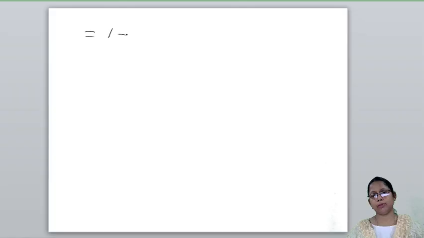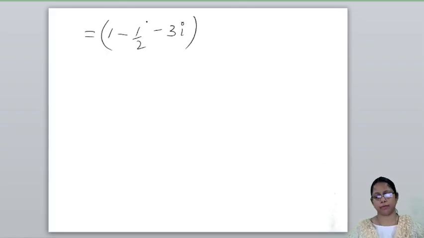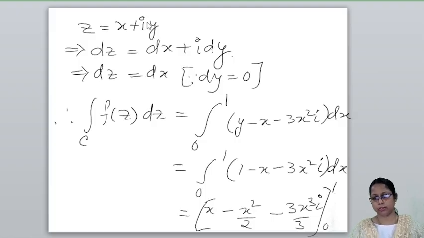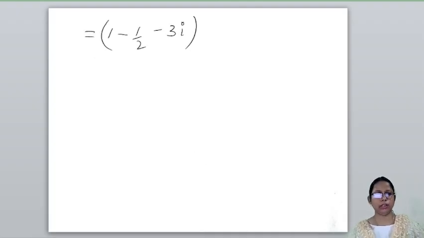This is equal to 1 minus half minus 3i by 3, the 3 cancels with the 3, so this is only i. So this is half minus i.